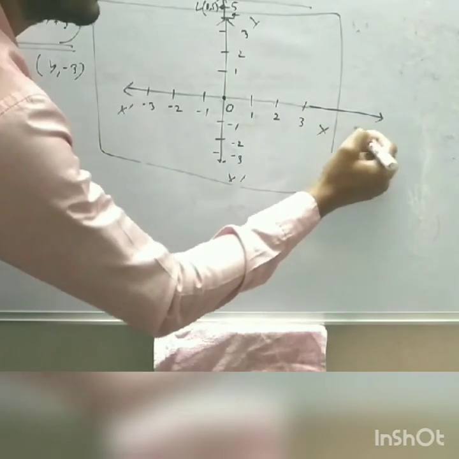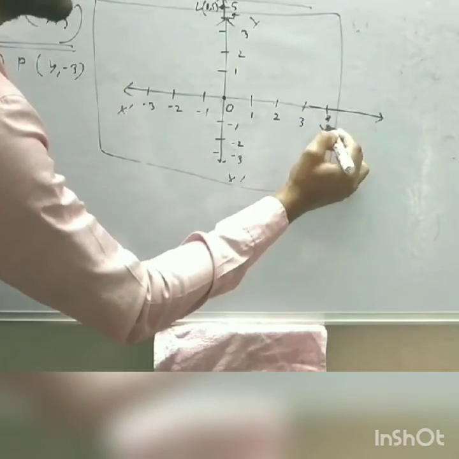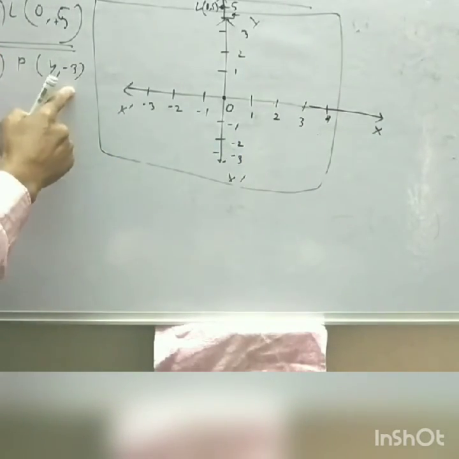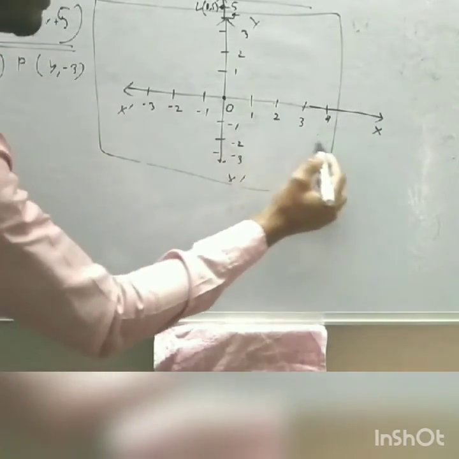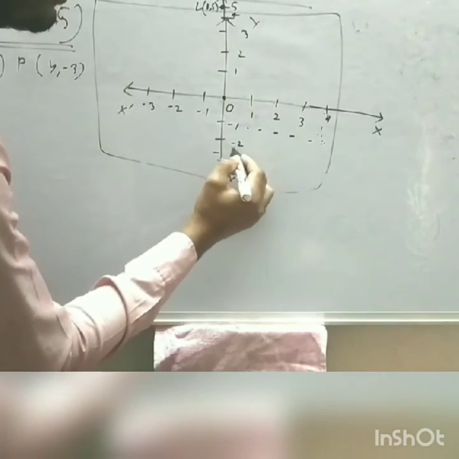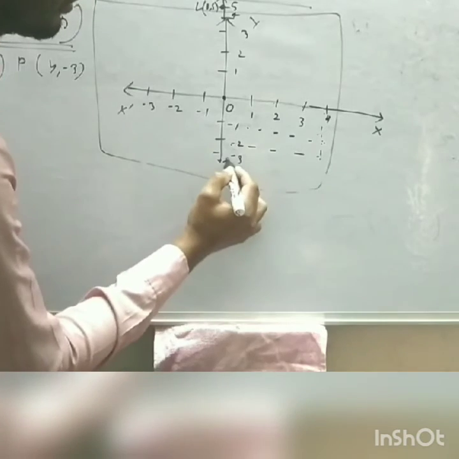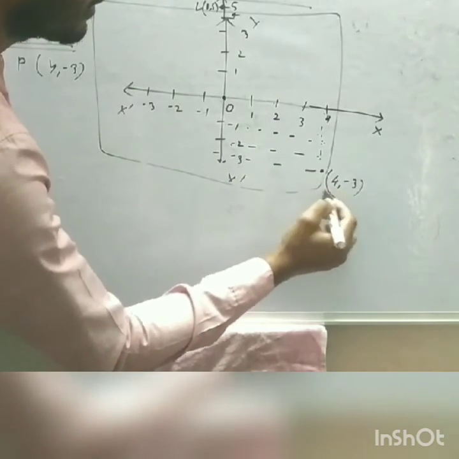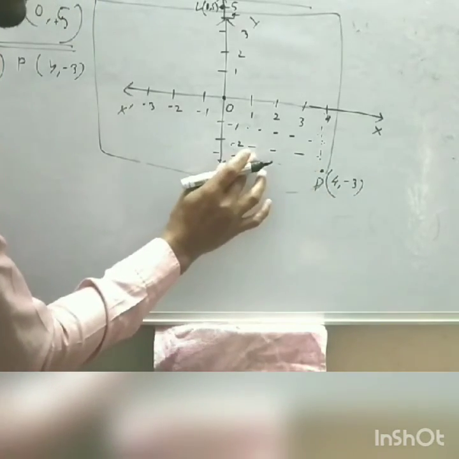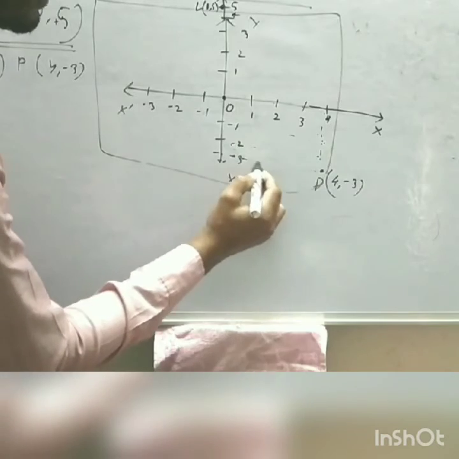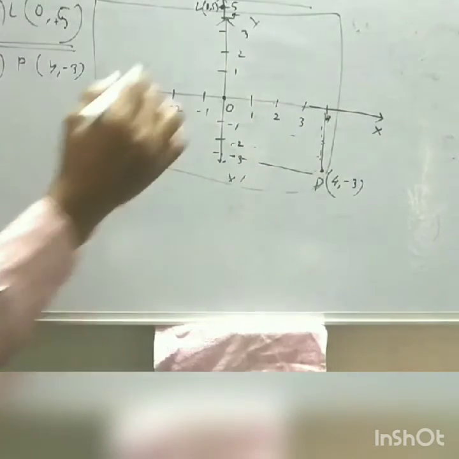Because it is a line, you can extend the line anywhere if you want. Then -3 will come on the negative side: 1, 2, 3. (4, -3) will come here, the point P. So this is the coordinate of (4, -3).